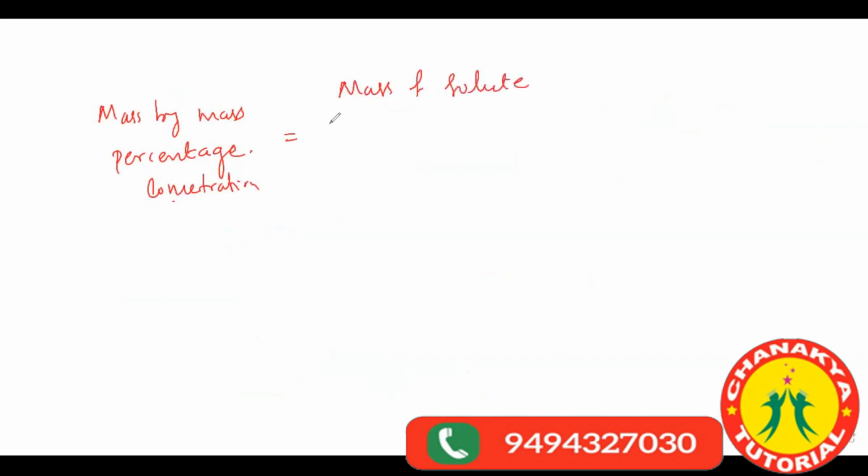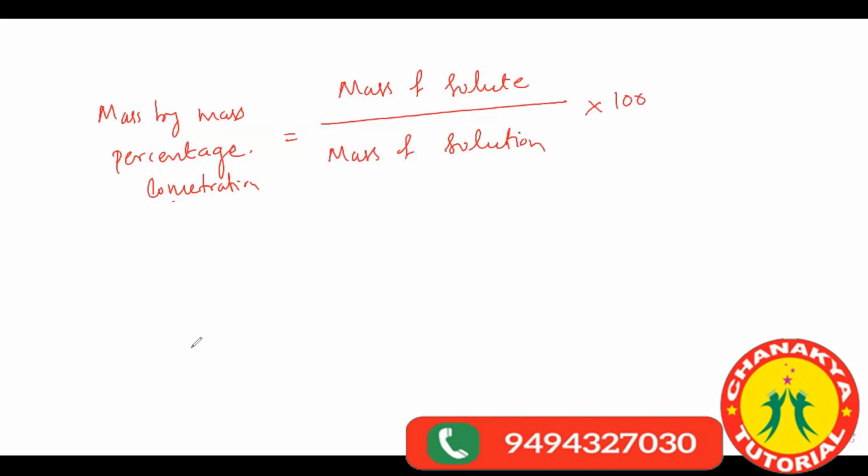Now for the mass by mass formula, how are you going to calculate? Mass by mass, gram percent. Solute and solvent are given in gram, right? So when solute and solvent, both quantities are given in gram, that time you can utilize this mass by mass percentage concentration, which is equal to mass of solute upon mass of solution multiplied by 100.